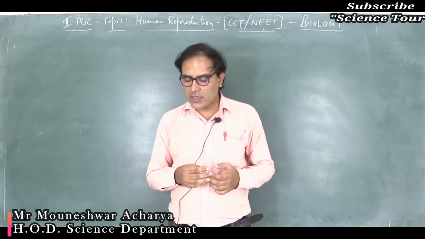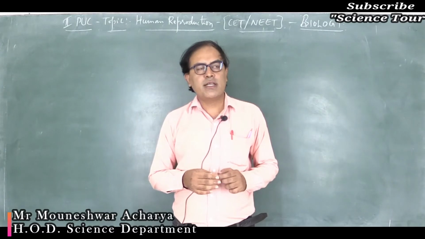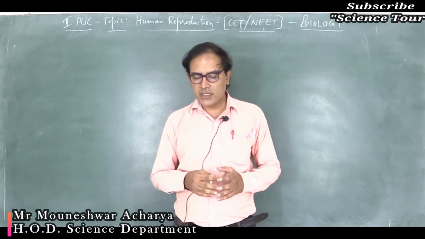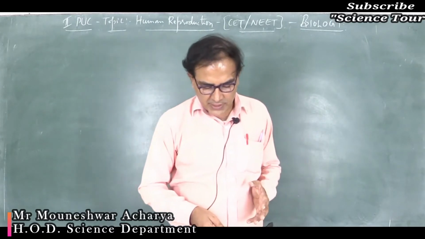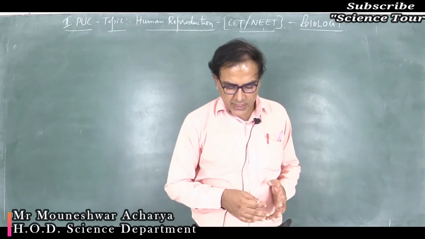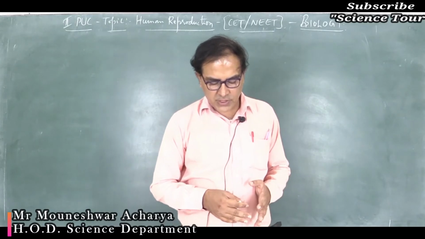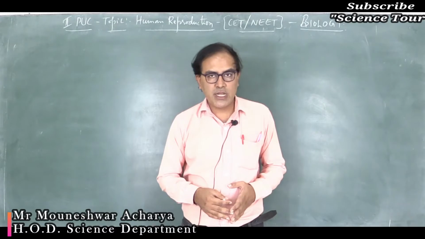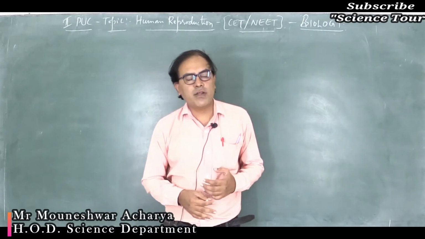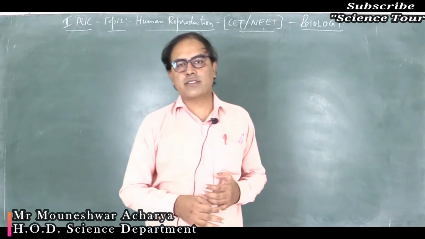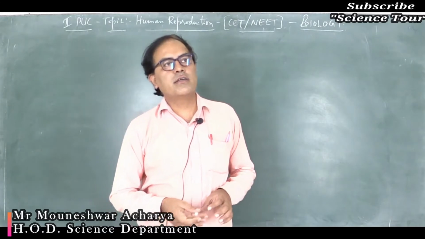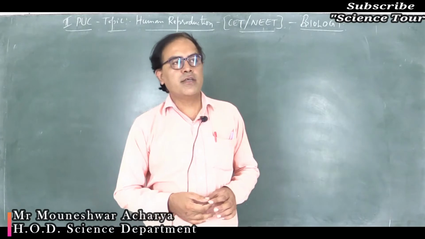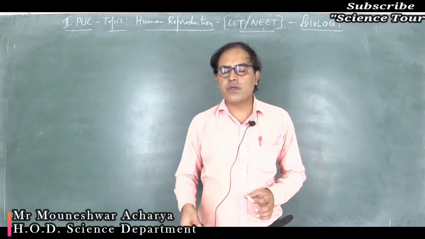will move to the rete testis, and from there it moves to the vasa efferentia. Then from vasa efferentia it will go to the epididymis, then the vas deferens, the spermatic duct, and come in contact with the different accessory glands like the seminal vesicle, the prostate gland, bulbourethral gland, and comes to the urethra.